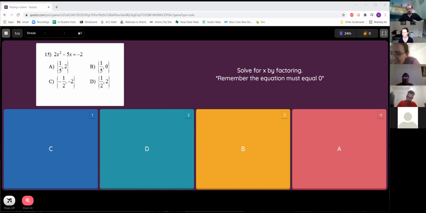How do you do this? Are you supposed to just type D in or type the number in? Okay, just type it in the chat, because I'm sharing it. When you do it on your own, you'll just click on the screen what your answer is. But since we're doing it as a class, just put it in the chat and I'll just click what everybody says.